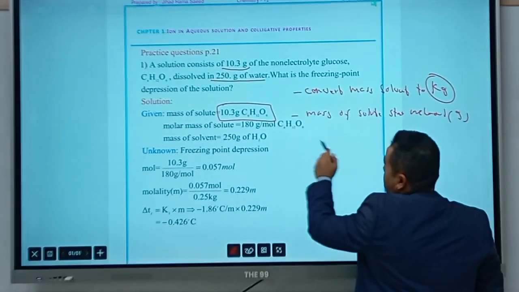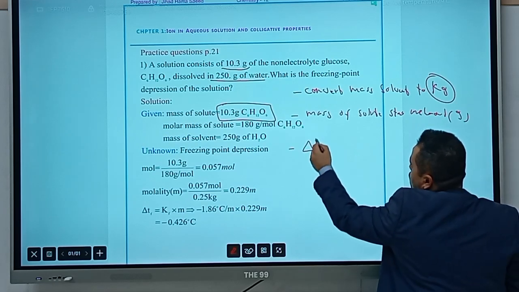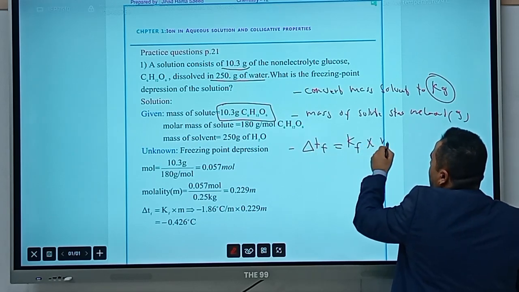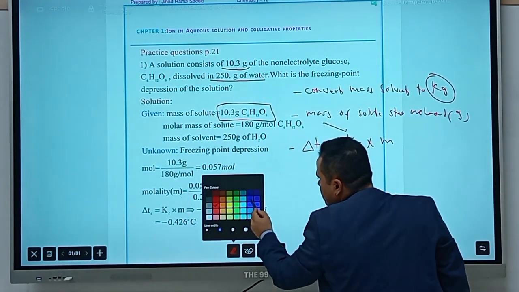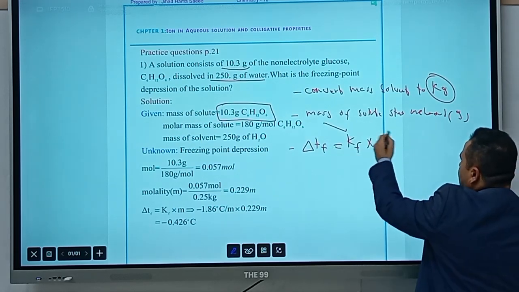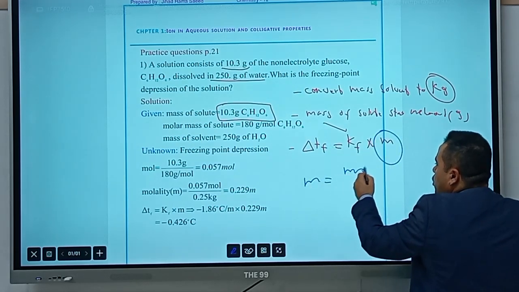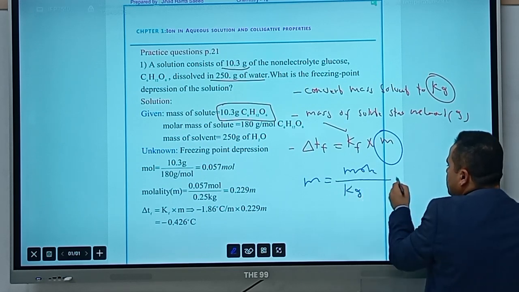It requires the freezing point depression. Guys, in order to calculate the freezing point depression, delta TF is equal to Kf multiplied by M. The Kf should be memorized. The delta TF is a requirement, and how to find M? Guys, M is equal to moles of the solute divided by kilograms of solvent.